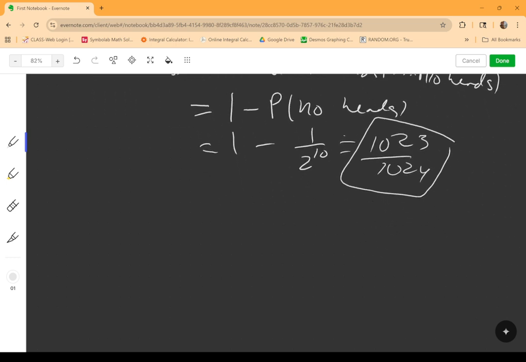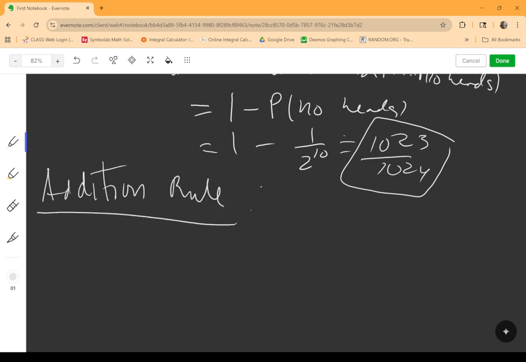Another rule we have is the addition rule. Really this is the same idea as the principle of inclusion-exclusion, but for probability.